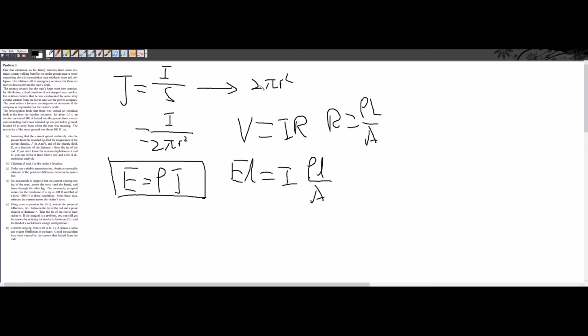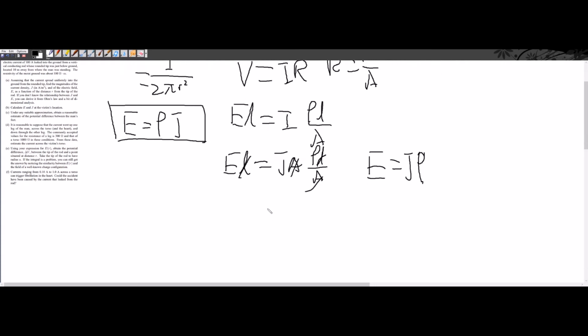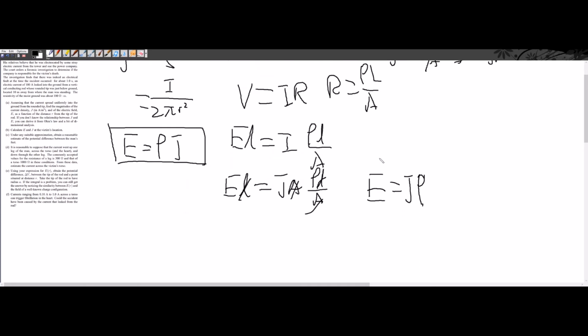J is equal to I over area, so I can be written as J times A. So this becomes E times L equals J A rho L over A. Area and area cancel out, L cancels out. You get left with the electric field equal to current density times resistivity. And this is not this R, this is resistivity, the constant for each material. So we got the relationship.